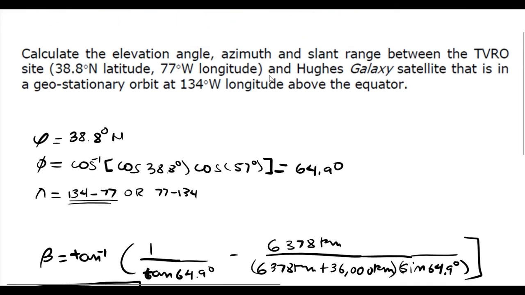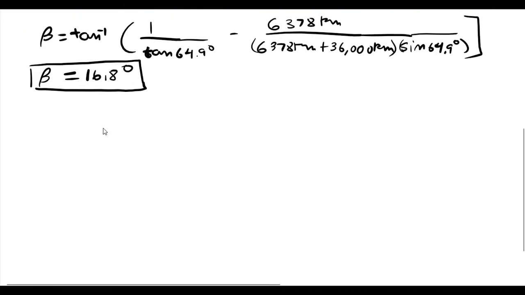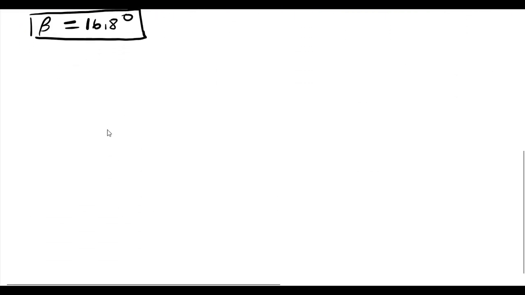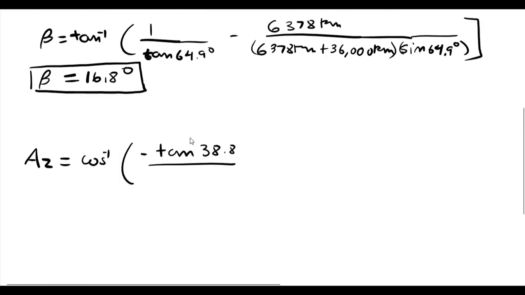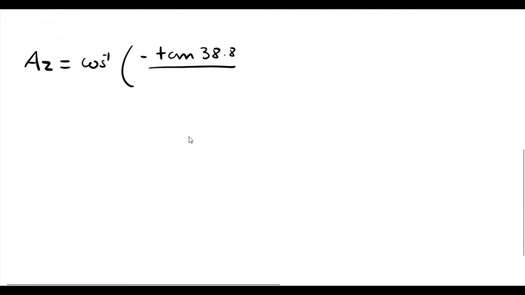Okay? Next, azimuth angle naman. So, azimuth angle is equals to cosine to the negative 1 ng negative tangent psi. Yung latitude natin is 38.8. And then, tangent phi.